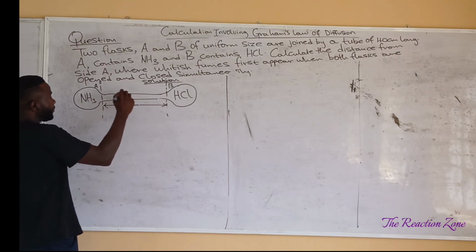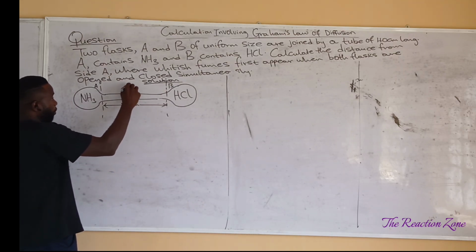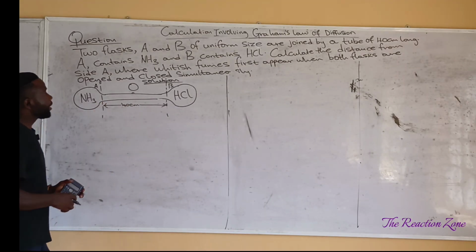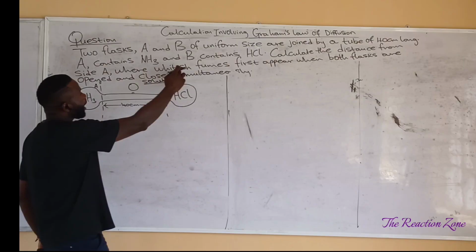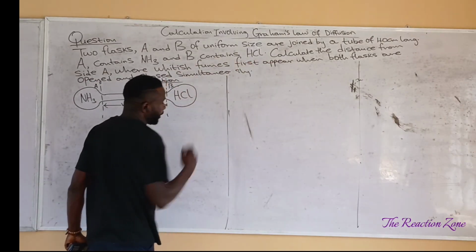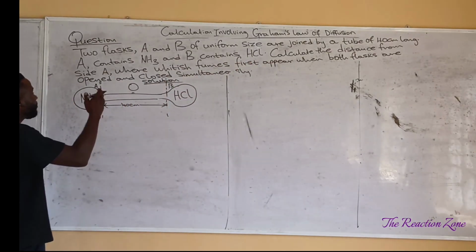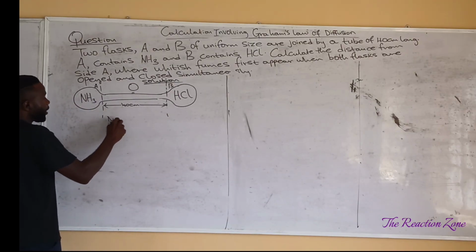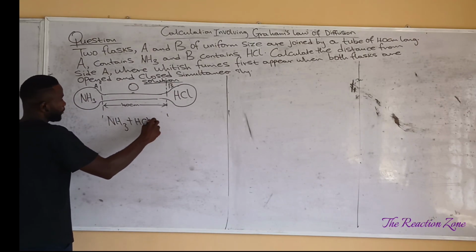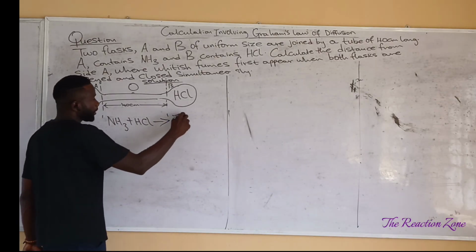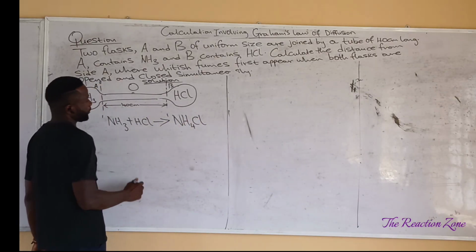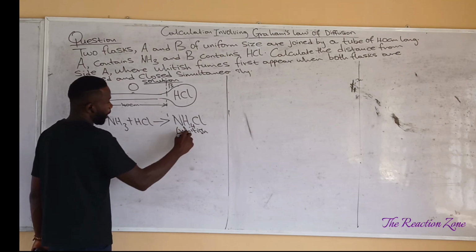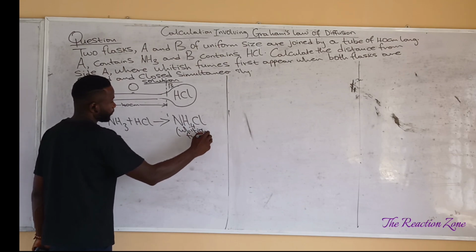The point where they meet, let us call that point O. The point where these two gases meet is the point where the whitish fumes will first appear. Because at that point, ammonia will react with HCl. And when ammonia reacts with HCl, the product formed is ammonium chloride, which gives off whitish fumes.